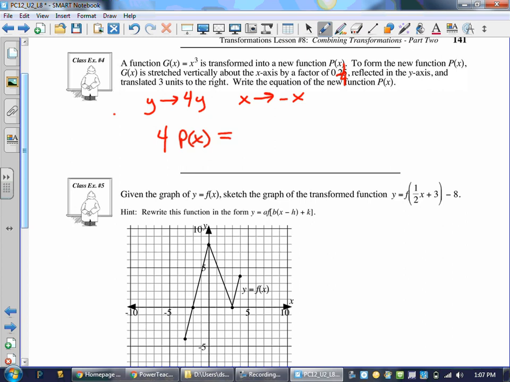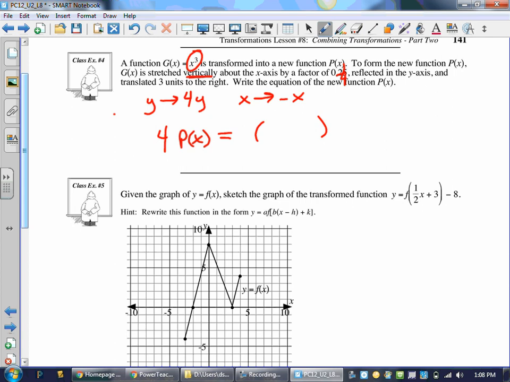Now, this is happening into my x cubed function, correct? Where did the 4y come from? Oh, okay, well, because it says we are going to stretch it vertically, so vertically is the y value, by a factor of 1/4. So that means I replace y with 4y.